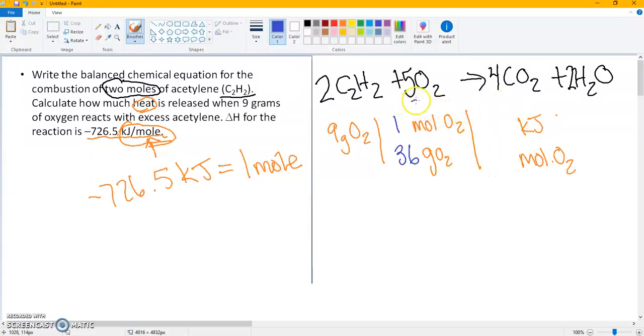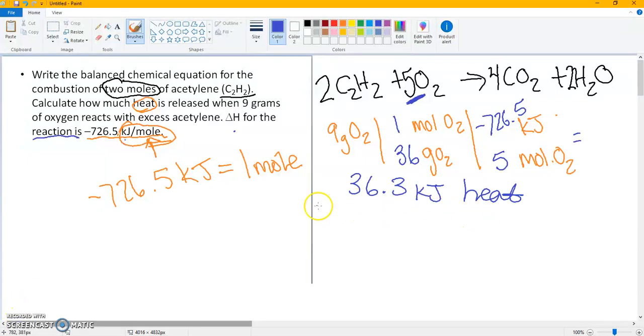I look at my balanced chemical equation, and for this reaction, I have this many kilojoules per mole. So in this reaction, I have 5 moles of oxygen and negative 726.5 kilojoules comes off in this reaction. I can plug that in, and I get 36.3 kilojoules of heat.